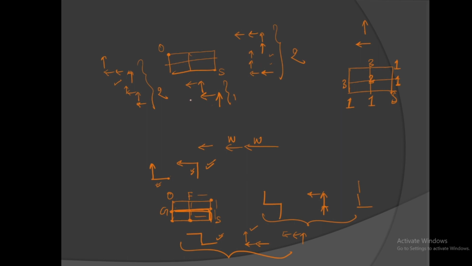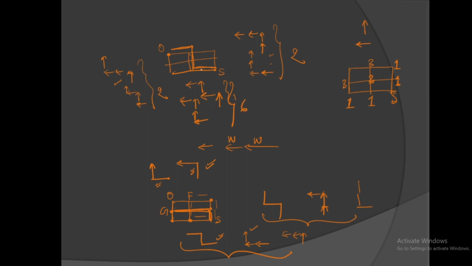And is there any more way? Let's see. If we go to the left side, and then up, and then to left, following this path, yeah. So we have these 6 ways.